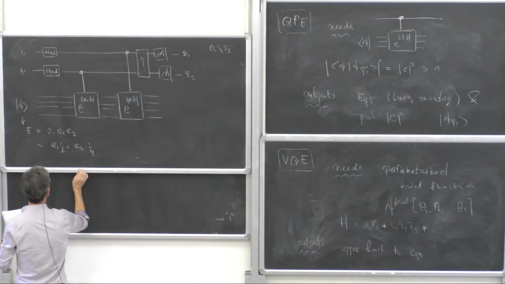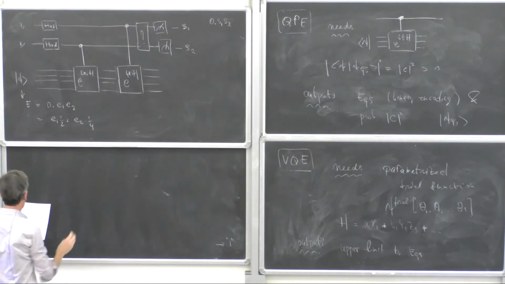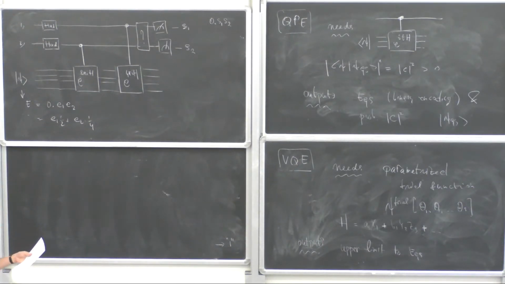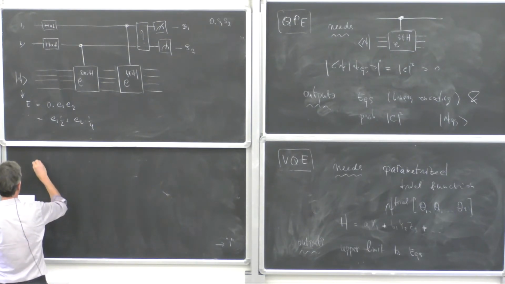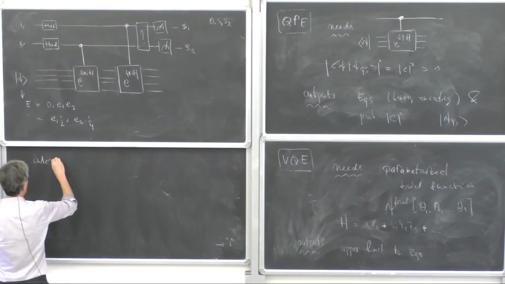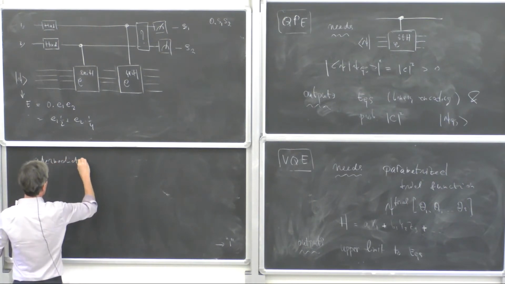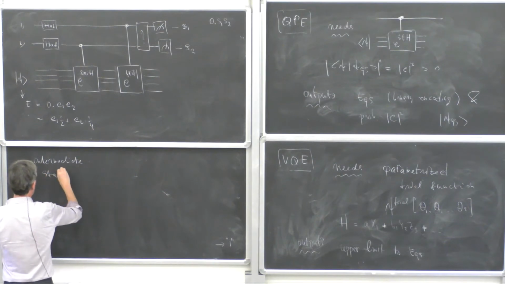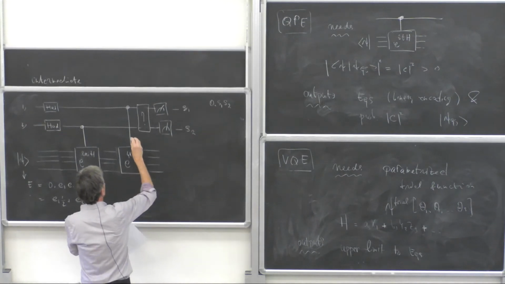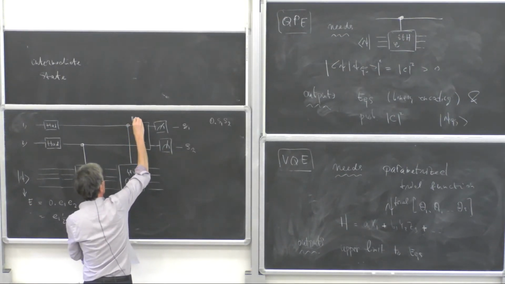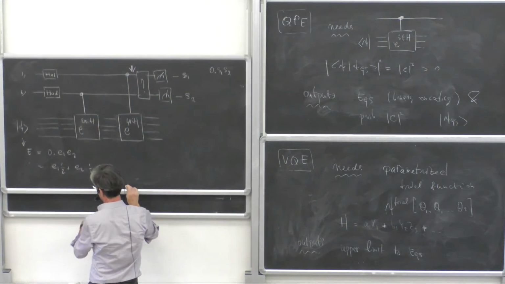So that's my E. And with that, I can look at the top 2 qubits before my question mark box, but after having done these control unitaries. So let's say the intermediate state before completing everything, the state when I've come to this point in time.